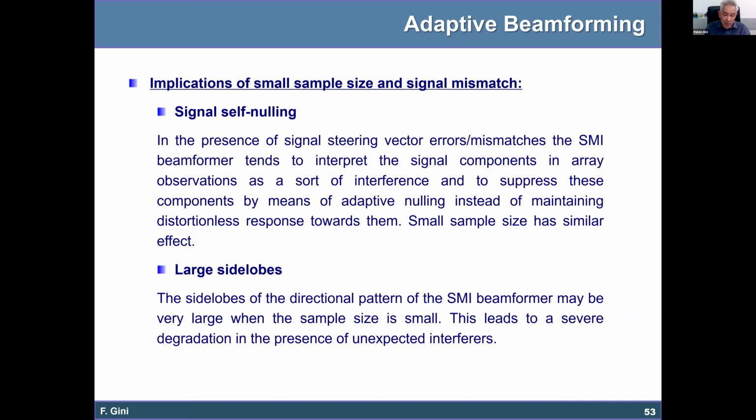And so they try to suppress it. And if they never steer the beam in the true direction, it may happen that the adaptive method cancels the signal of interest. You don't see it. So this is called self-nulling. And it's a problem, obviously.